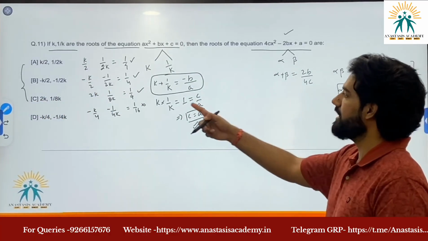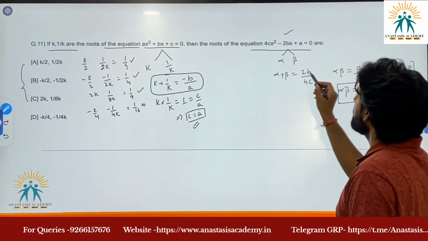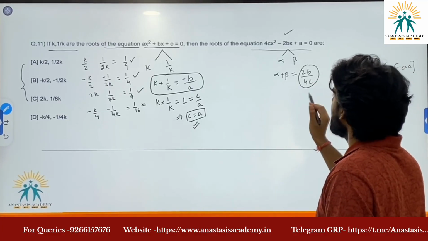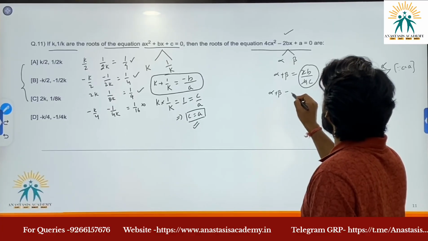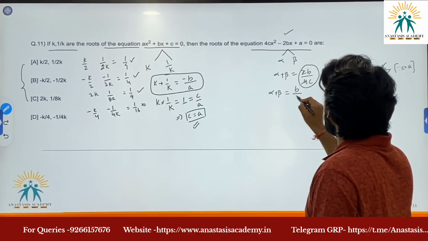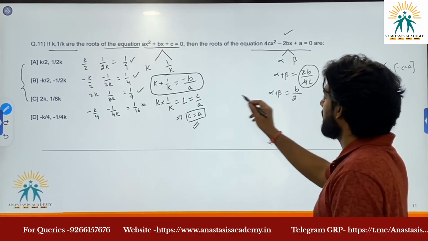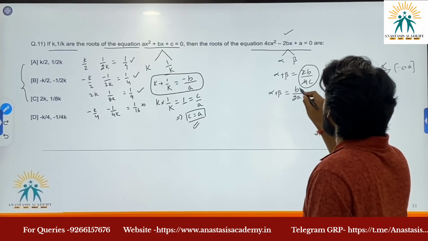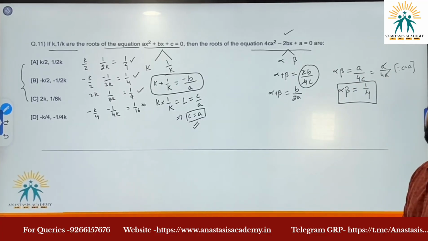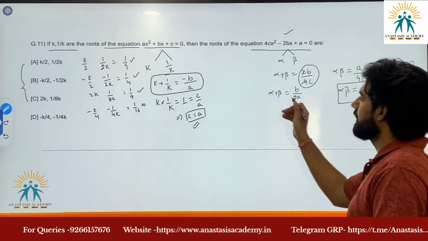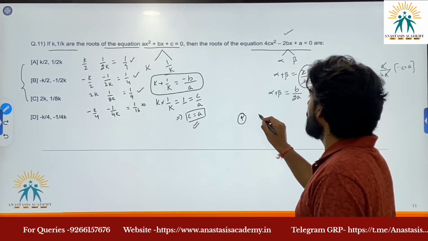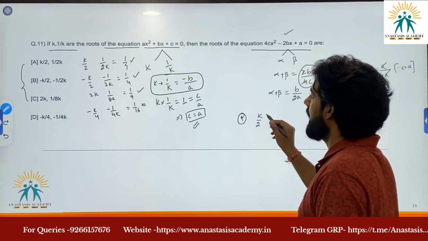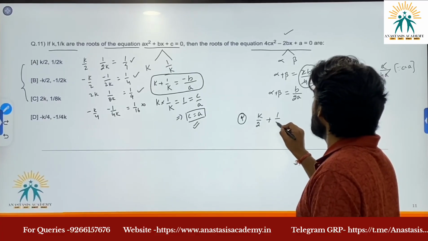So I have to check for the sum of the roots. I know sum of the roots is 2b upon 4c, or sum of roots of this equation will be b upon 2c, or replacing c as a, it will be b upon 2a. So I need to check the options first. Option A is when roots are k by 2 and 1 upon 2k.